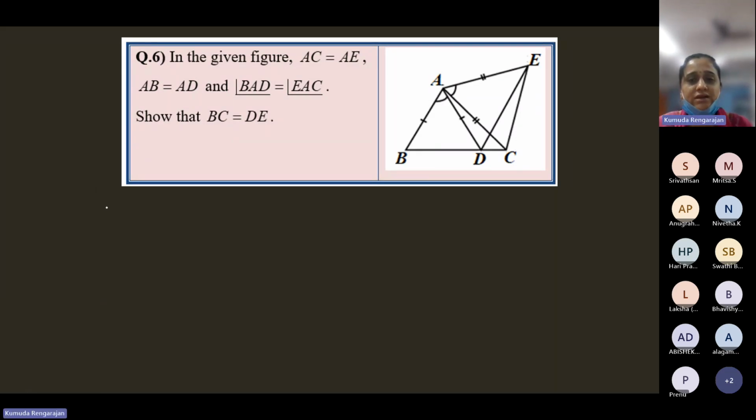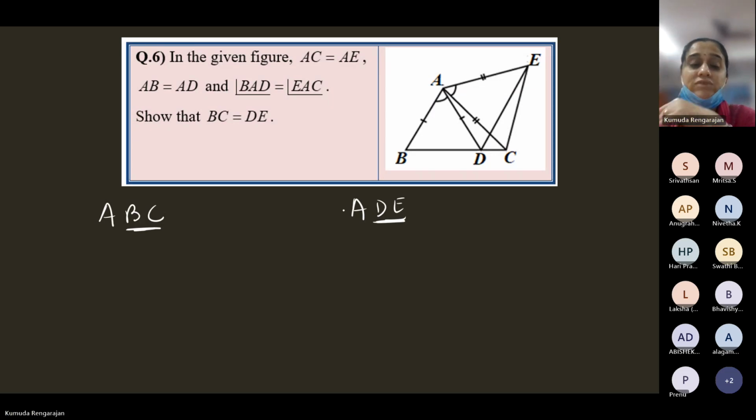The triangles are triangle ABC because it has BC in it, and you should take up the triangle ADE because it has DE in it. We'll have to show that BC is equal to DE. So you should take two triangles which have these sides. ABC has a side BC, ADE has a side DE.